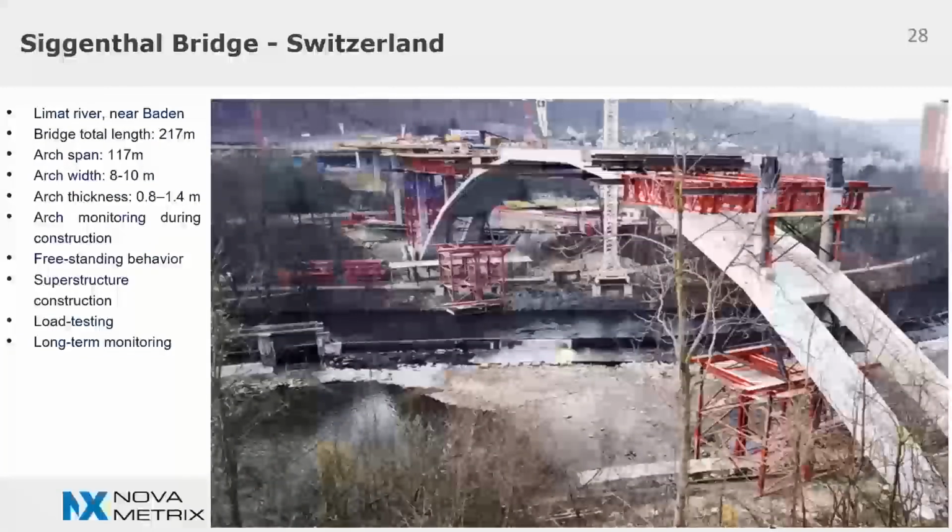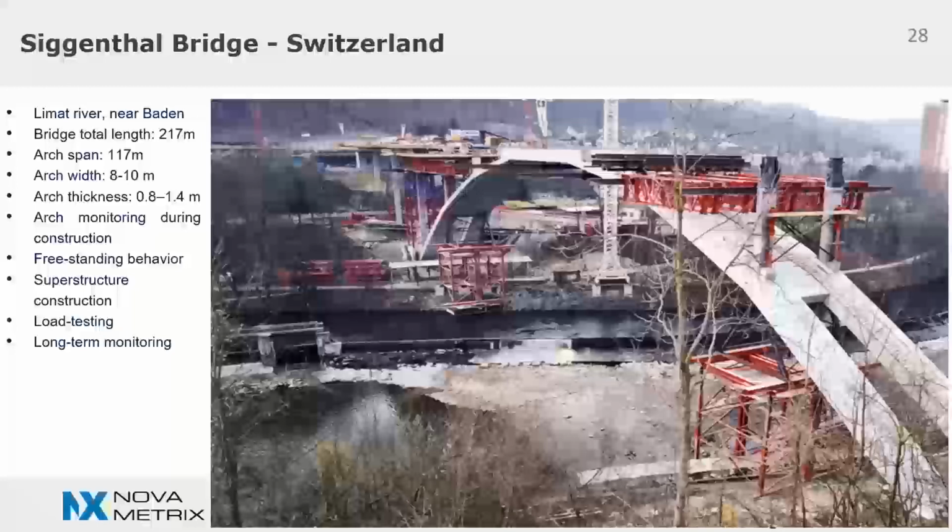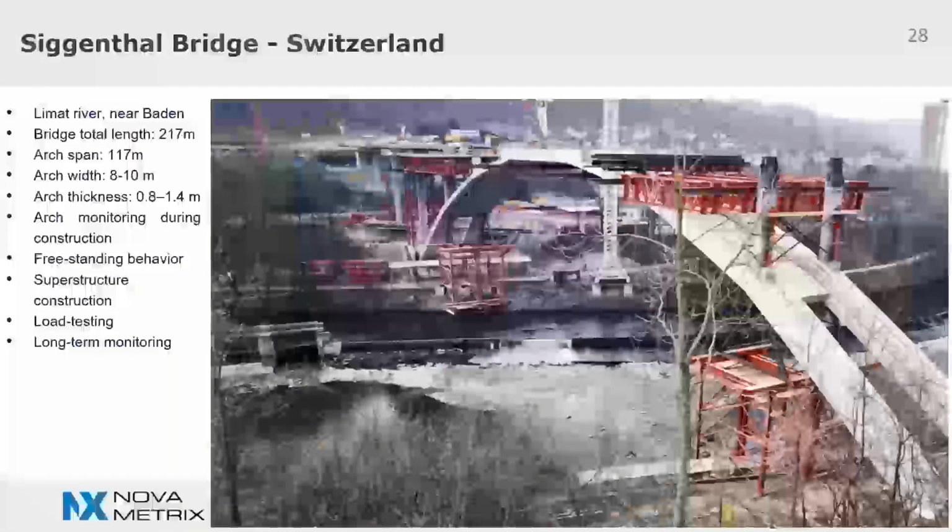Right, here this is an example of an arch bridge. This is the Siggenthal bridge, which is a concrete arch bridge, which was built over the Limmat River close to Zurich in Switzerland. So the structural monitoring has been carried out since the completion of the construction of the bridge, but in particular during the different construction phases.